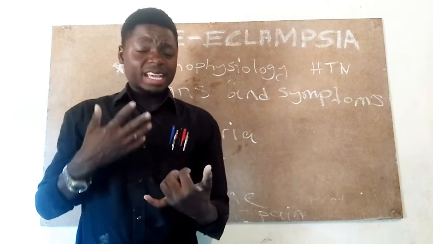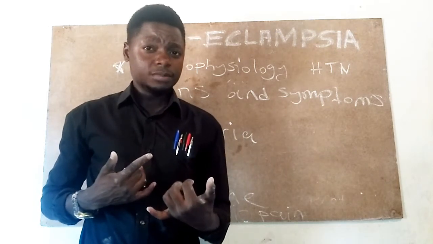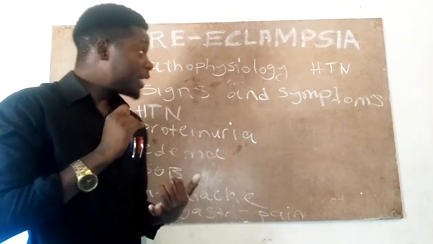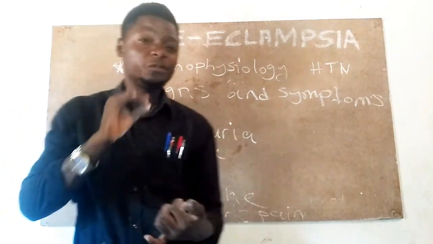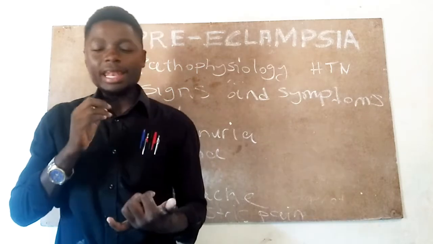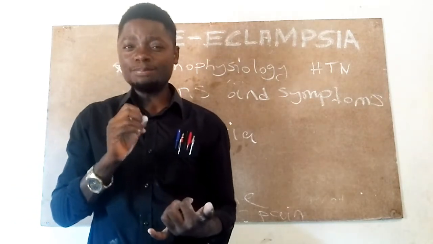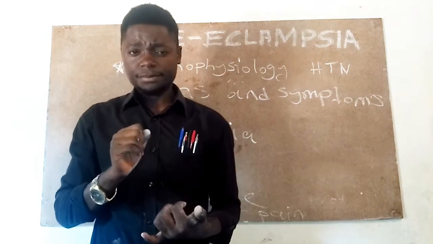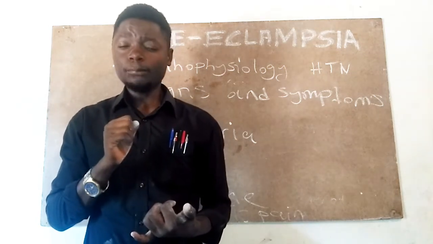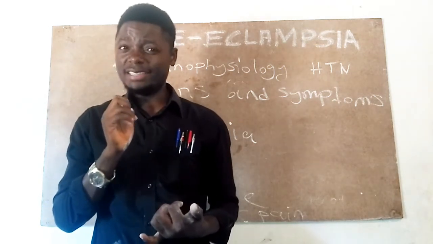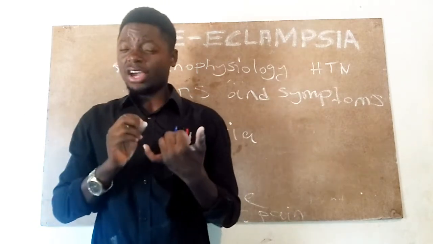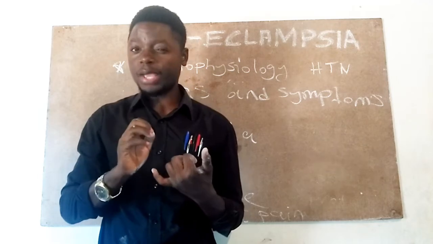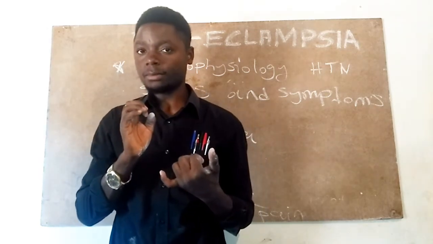So, in the next talk, we want to start the consideration about the management of the woman with preeclampsia. And I want to point out a certain important concept before we start the management for preeclampsia. The important concept is that the only cure for preeclampsia is delivery of the baby and the placenta.